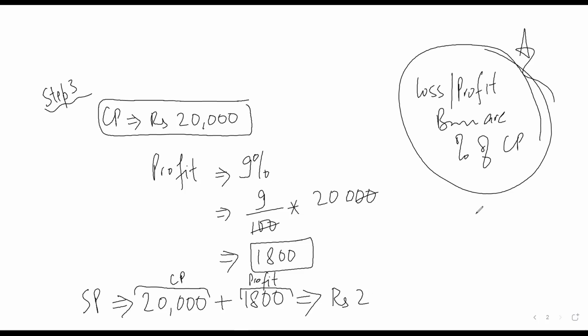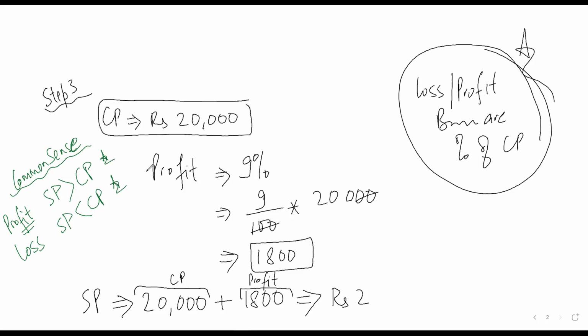What you need to understand is using common sense. Do not try to cram the formulas. Using common sense, you will have a profit if and only if your selling price is greater than cost price. You will have a loss if your selling price is less than cost price.